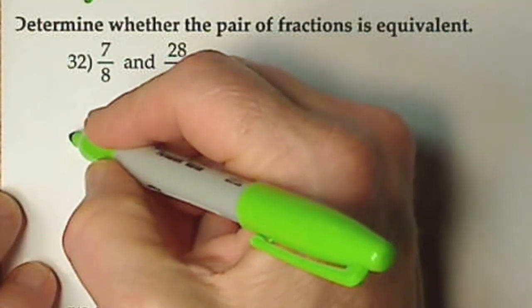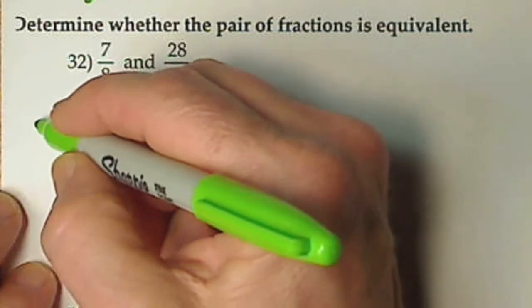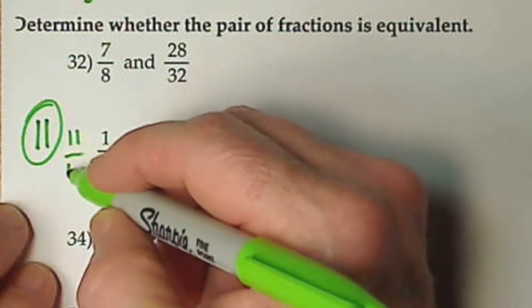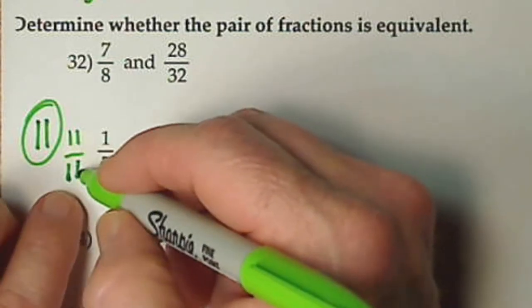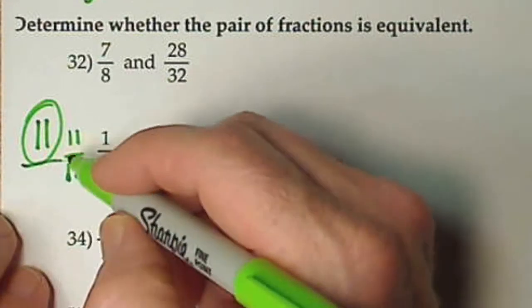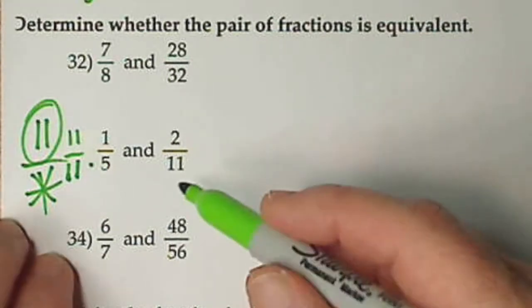So I'm going to multiply just by 11. 1 times 11 is 11. Pretty exciting, huh? Technically, I also multiplied by 11 in the denominator, but I don't really have to go through the work of doing it. I'll just put an asterisk there. I don't care what it is.